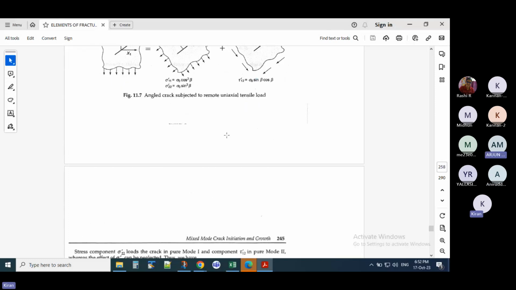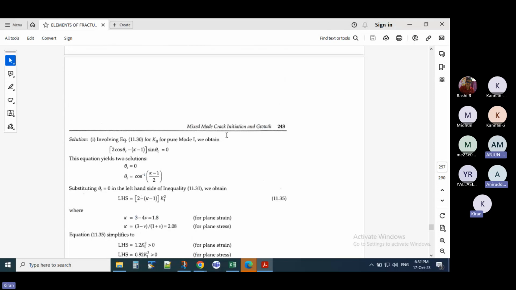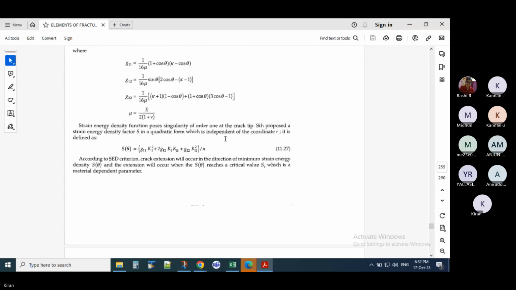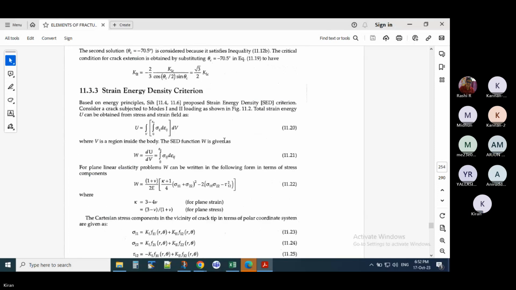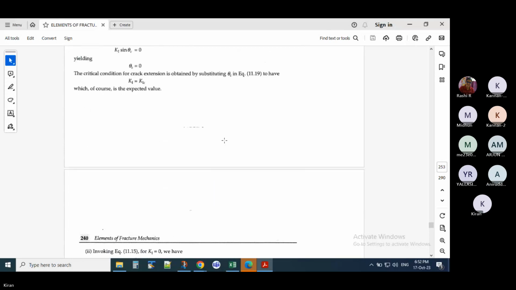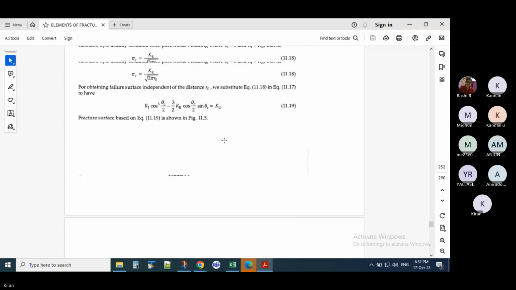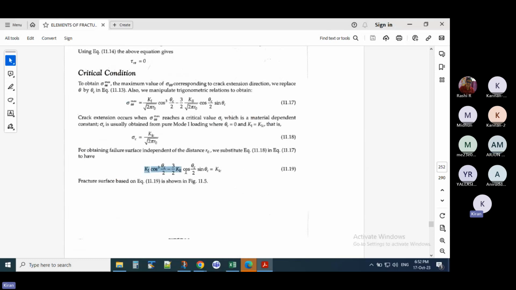If we go to that 19, yeah, this is the one: K1 cos cube theta by 2 minus 3 by 2 K2 sin theta cos theta by 2 is equal to K1c. Okay.